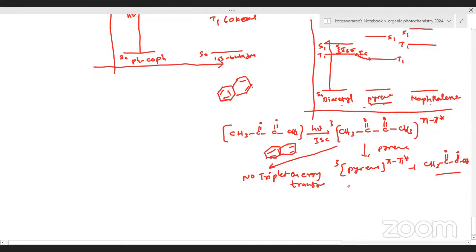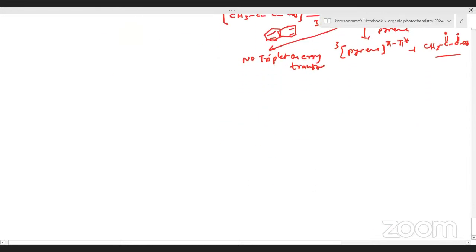Now, next one is intramolecular triplet energy transfer. What is intramolecular?